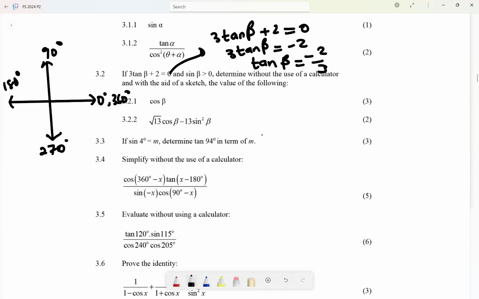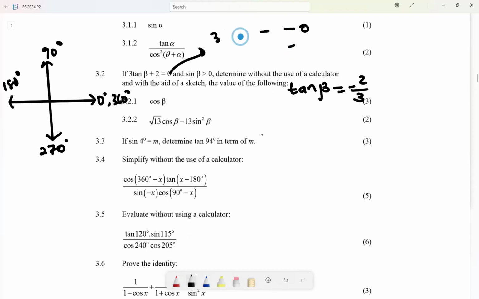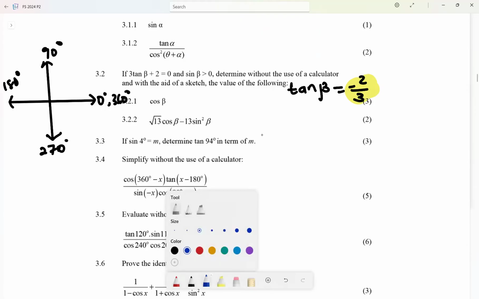This is what I'm interested in. Now can you see tan beta is negative. Where is tan beta? Remember our CAST diagram says what? CAST.